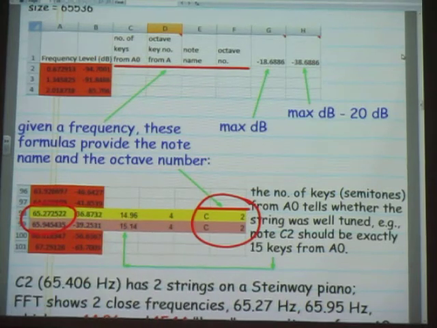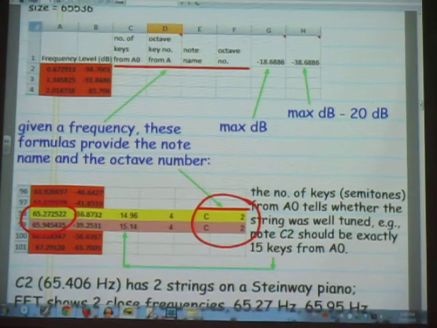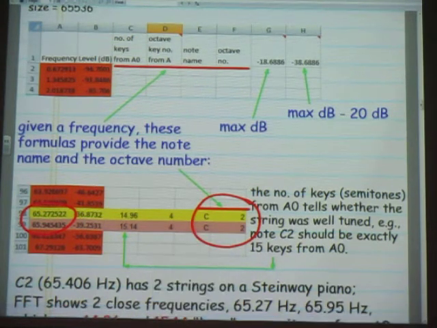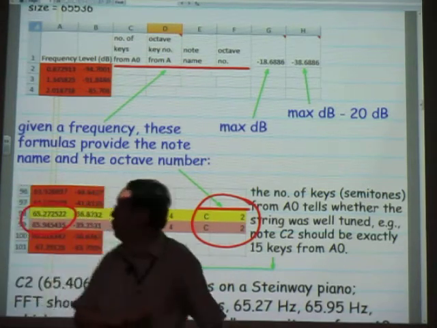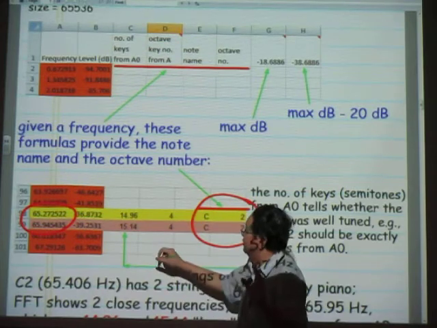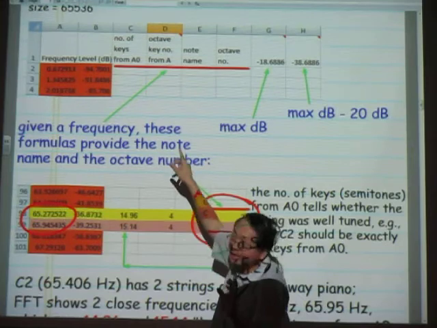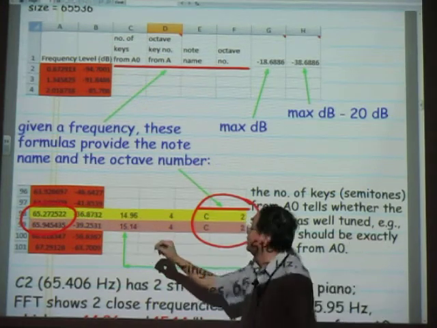I could remind you that on a piano keyboard, I'll have another slide where I show the whole piano keyboard for you. But right now, just take my word that A0 is the leftmost key.